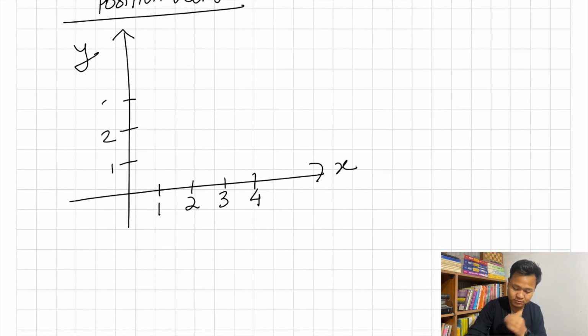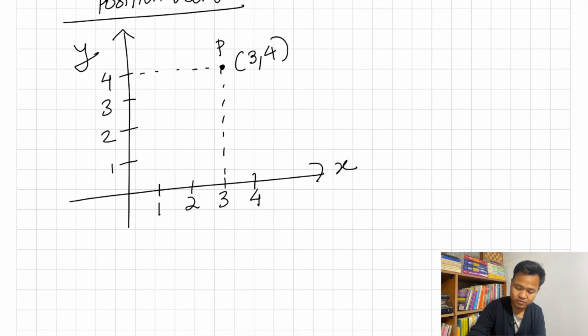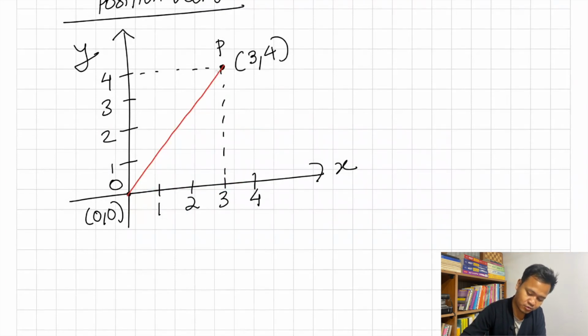Let's say I take one point here, point P. The coordinate of this is (3, 4), and the origin's coordinate is (0, 0), let's say O. With respect to the origin, if I go from O to P, I can write this vector as OP bar. This is easy to learn.